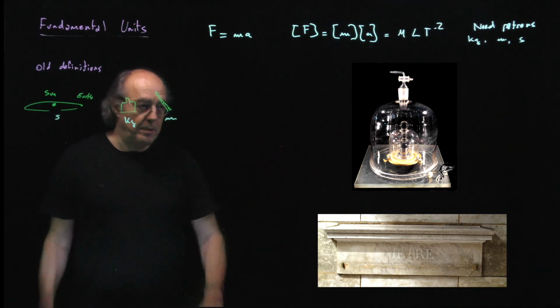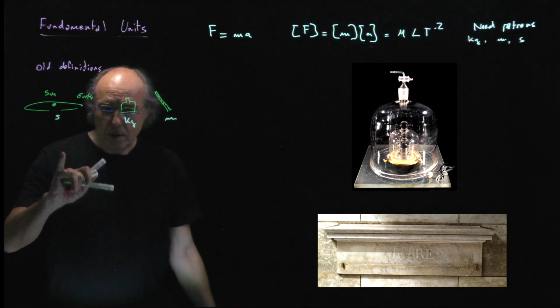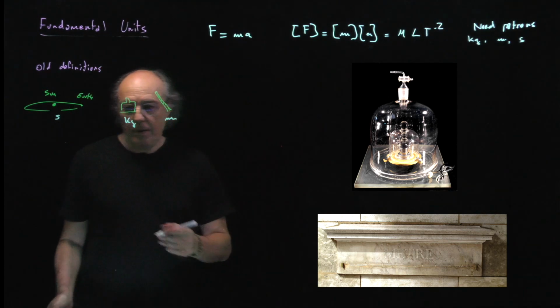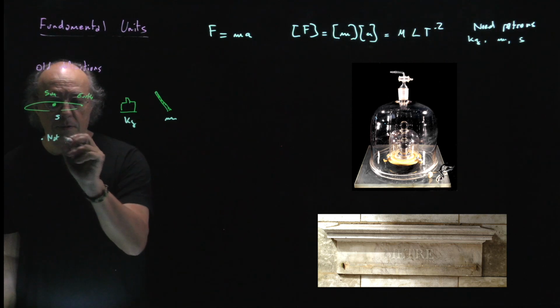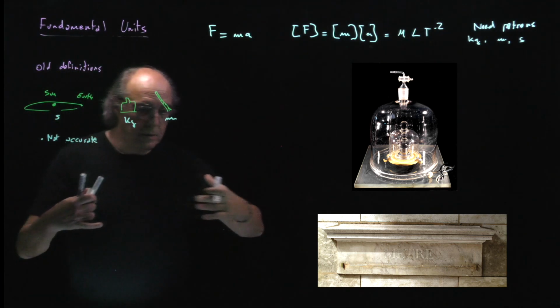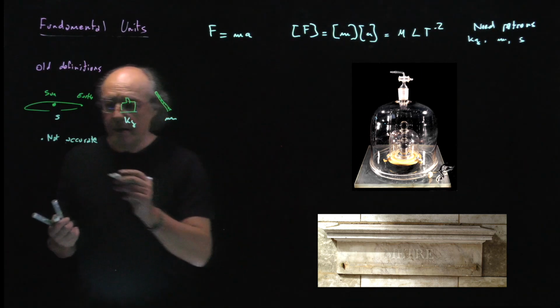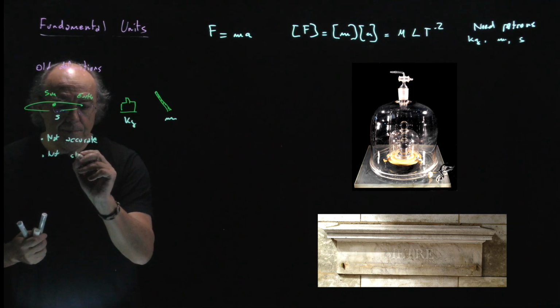Now, what is the problem with these three units? Well, the very first is that these units are not accurate enough if you do really very precise measurements in your lab. Second, they are not stable.